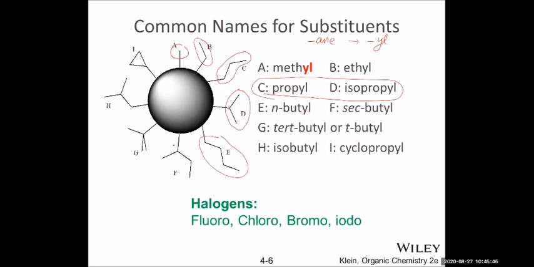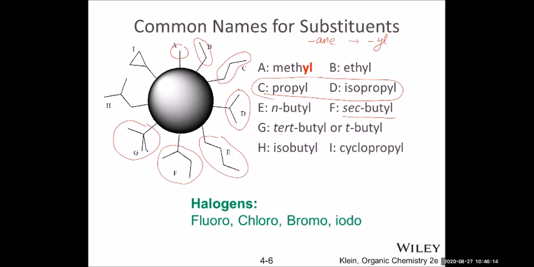This side chain also has 4 carbons, but it is the number 2 carbon that forms the bond with the parent. So this we call sec-butyl. And then G, there are also 4 carbons, 1, 2, 3, and 4.